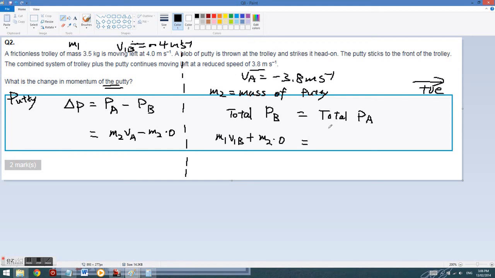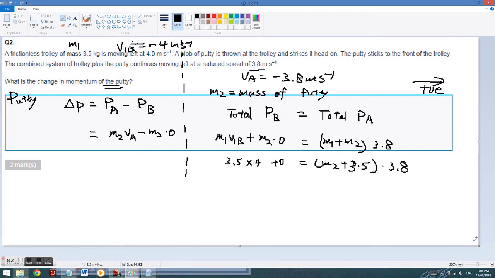Now afterwards, they move together, M1 plus M2 times 3.8, VA. So put down the values: 3.5 times 4 plus 0 equals M2 plus 3.5 times 3.8.